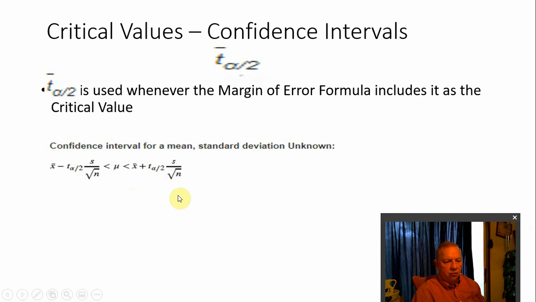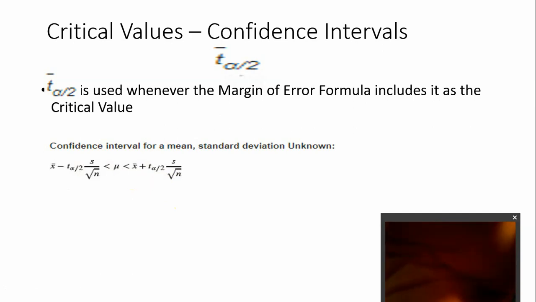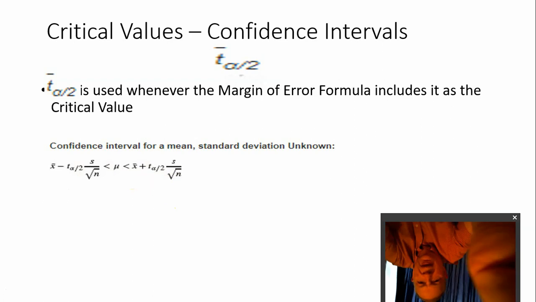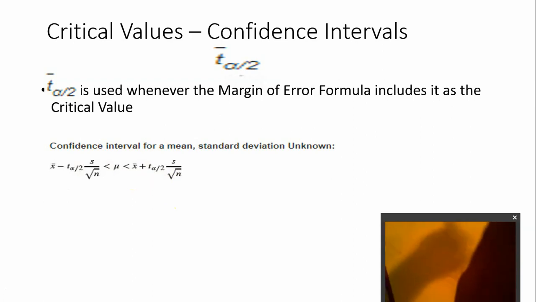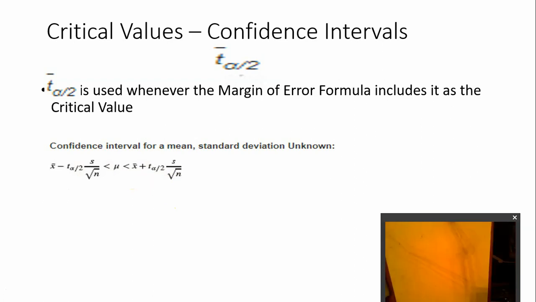So in general form, I'm going to go ahead and switch over, so just bear with me. Here, the general form again was X bar, or the point estimate, plus or minus my margin of error.